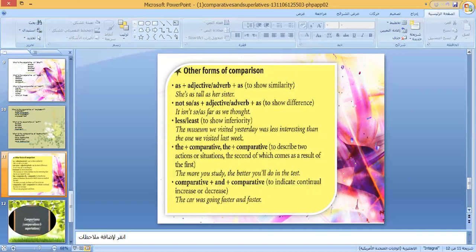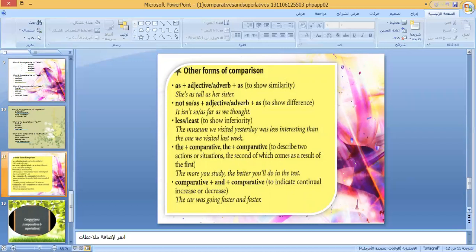For example, it isn't so or as far as we thought. Number three, less or least to show inferiority. For example, the museum we visited yesterday was less interesting than the one we visited last week.